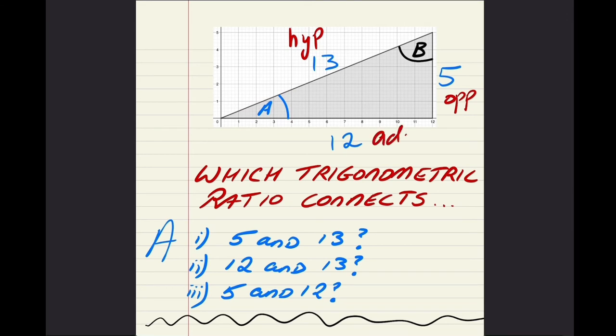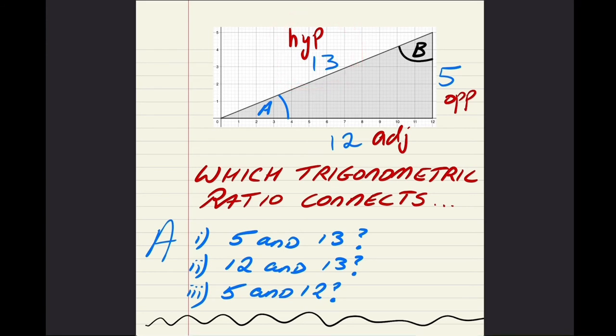So if we go down to the question, it says, which trigonometric ratio connects 5 and 13? Now, first thing we need to do is, what side is 5? 5 is the opposite. And 13 is the hypotenuse.